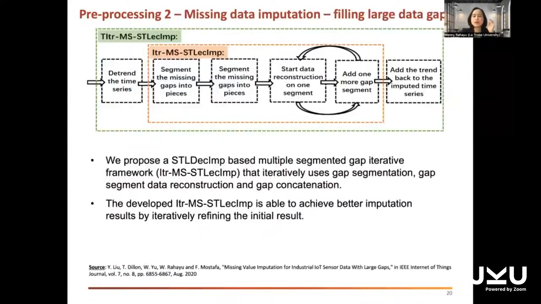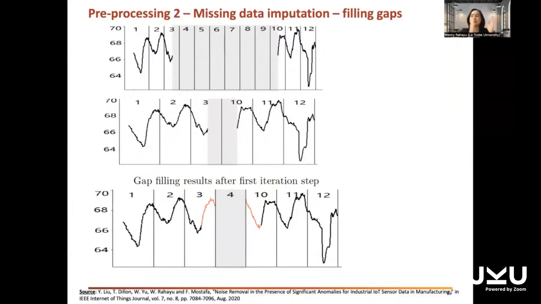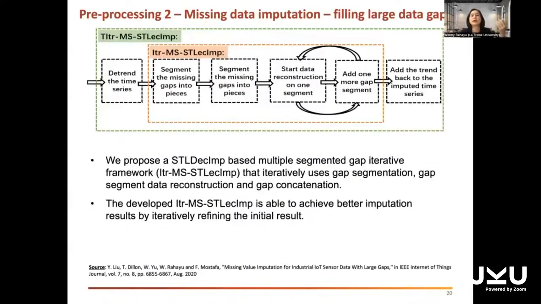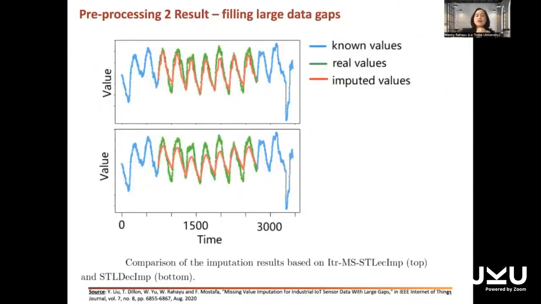So instead of filling the gap in one go, we divide it into segments and iteratively reconstruct the small gap, do the seasonal trend decomposition again, and reconstruct again, both from the front and from the back, and they meet in the middle. We do it segment by segment. We learn the whole pattern again, fill in one segment, learn the whole pattern, fill in one segment, and so forth. So we end up with a much more accurate way of filling the gaps.